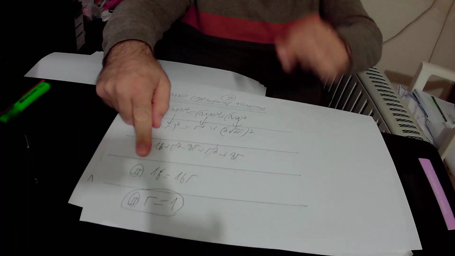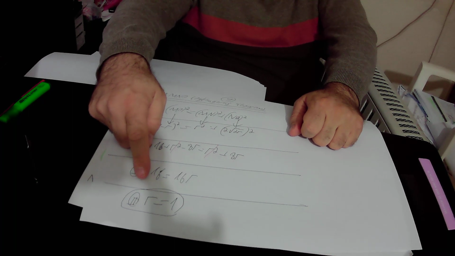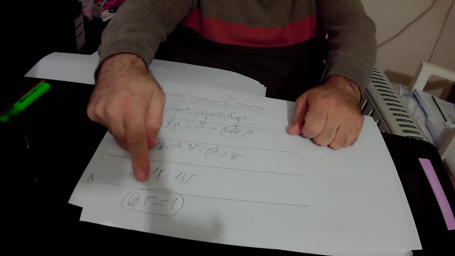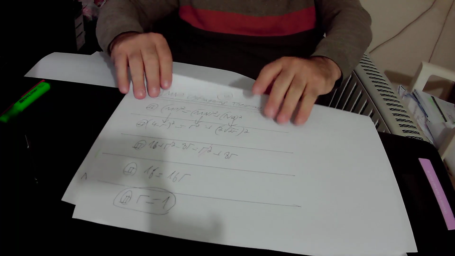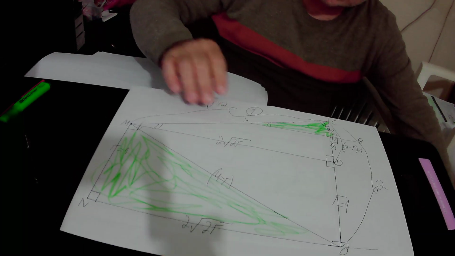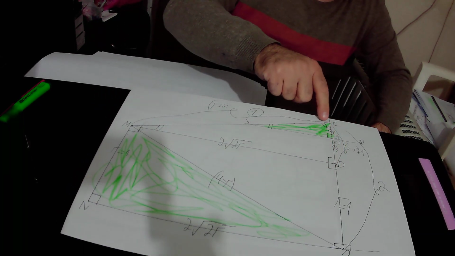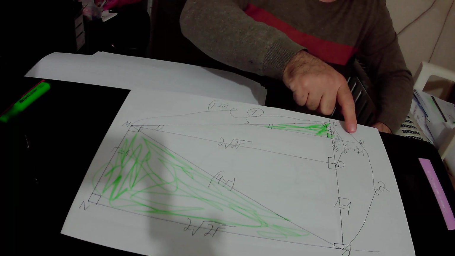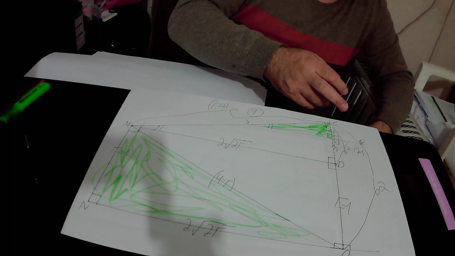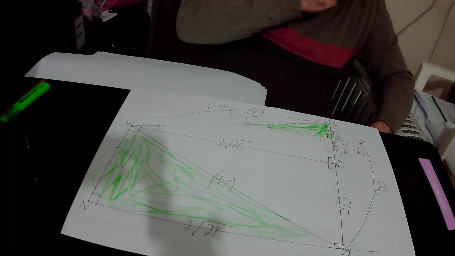We divided equation number 2 by 16, and we got that R equals 16 over 16. 16 over 16 is 1, so R equals 1 unit. So CD equals 2 minus R, and R equals 1, so CD equals 2 minus 1, that is 1, so CD also equals 1 unit.